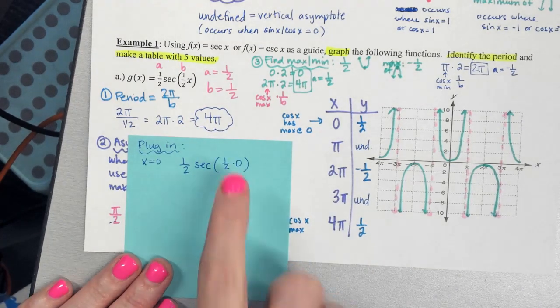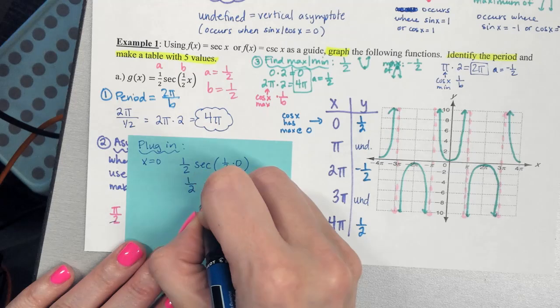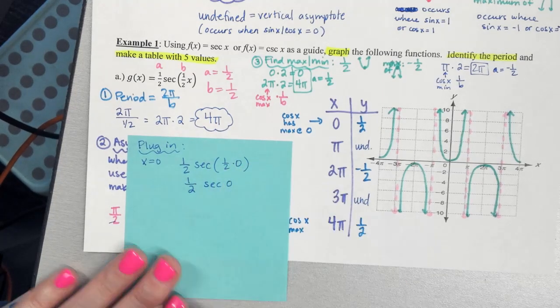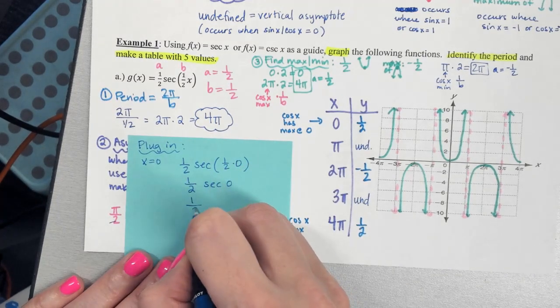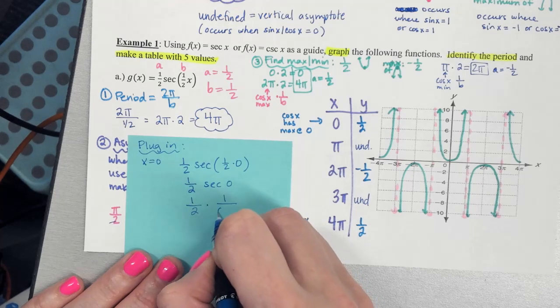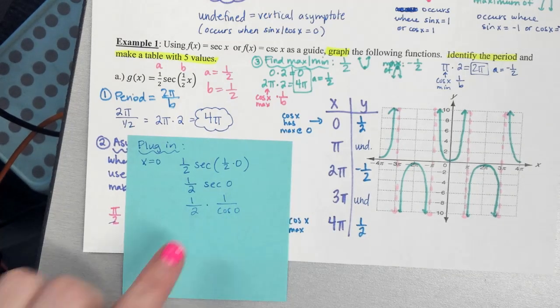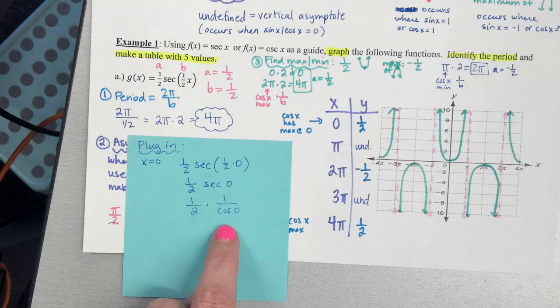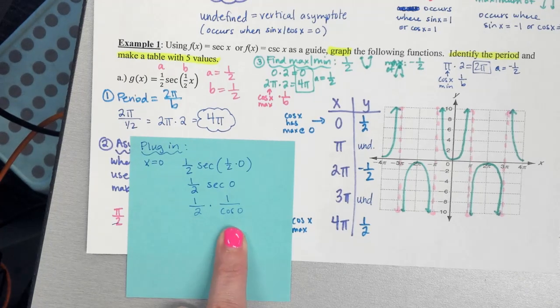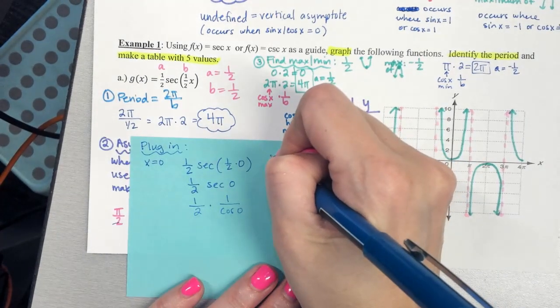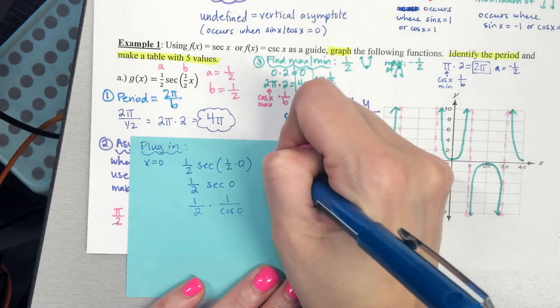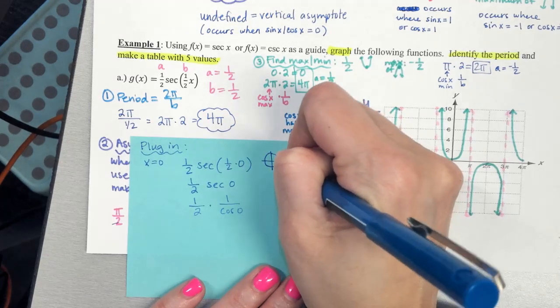Well, this is just going to be 0. So we can find the secant at 0 because the secant is the reciprocal of cosine, right? So the secant of 0 is the same thing as 1 divided by the cosine of 0. What's the cosine at 0? It's on your chart. It's 1.